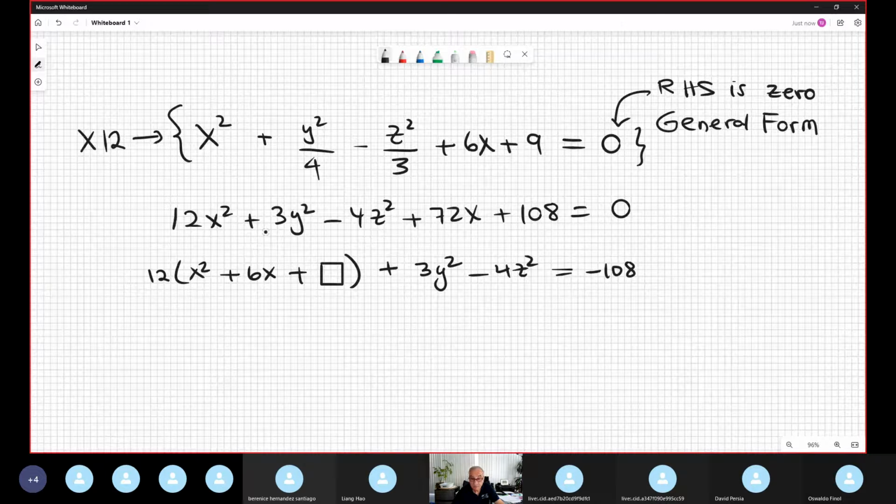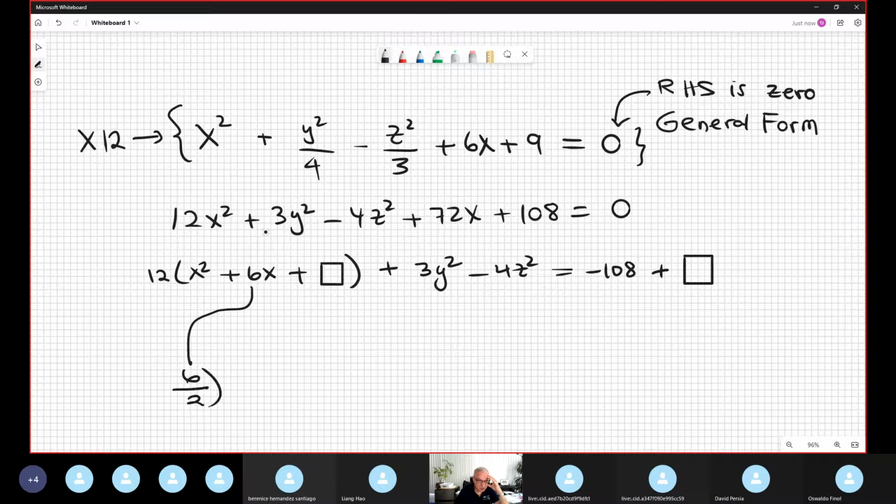I have no idea. One more time, I take this number 6 divided by 2 and square. It's obvious, it's 9, no? 6 divided by 2 is 3, square is 9. And 9 times 12 is 108, right? Yeah, it's 108.